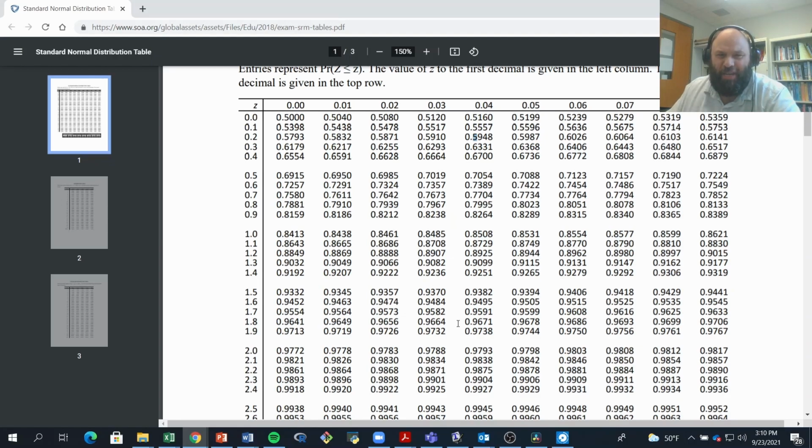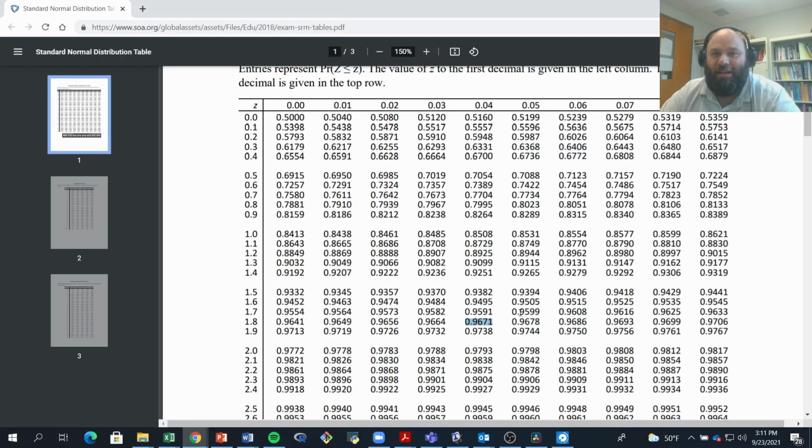And we see where they meet right here, 0.9671. That means the probability that our standardized normal random variable is less than 1.84 is 0.9671. Put differently, the probability that the number of weeks is less than 1.84 standard deviations of the expected value is 96.71%.